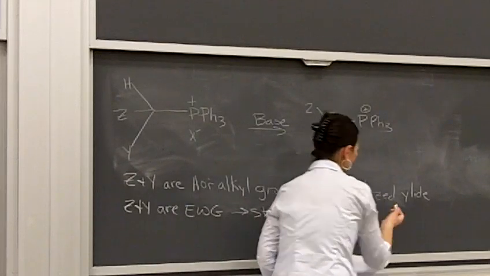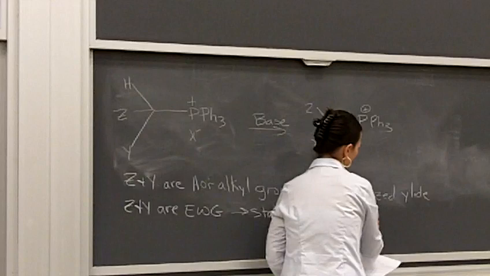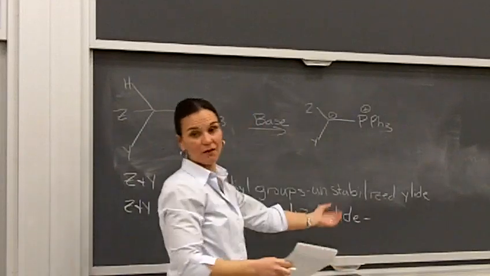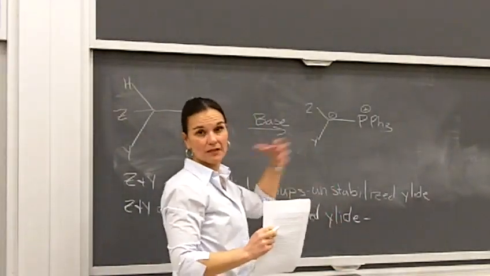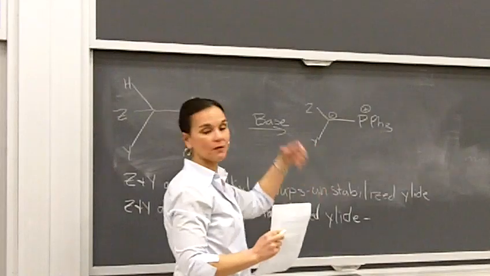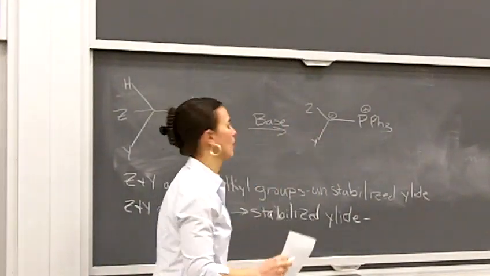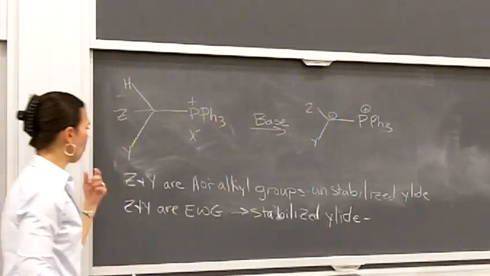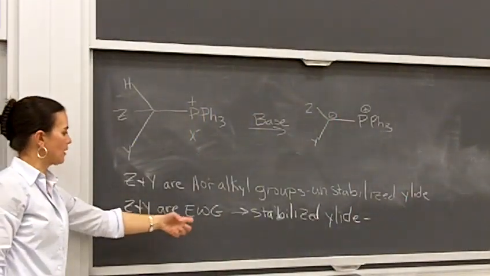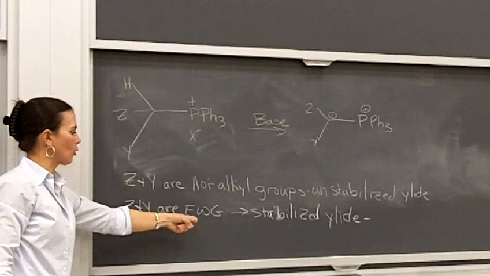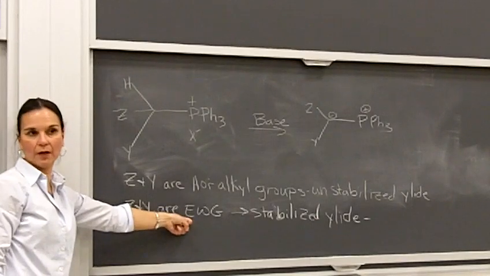And so Aldrich will sell some stabilized ylids. Like some of these are so stable, you can put it in a jar, put it on the shelf, and it'll stick around, okay?